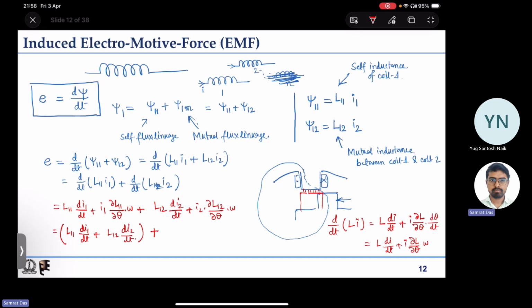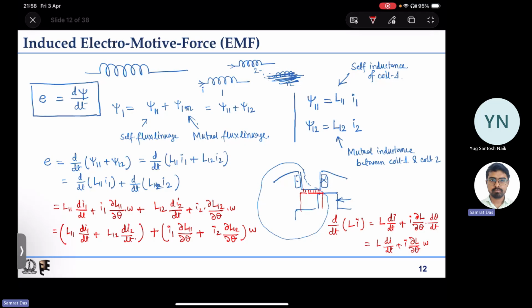The second part, I1 ∂L11/∂theta plus I2 ∂L12/∂theta, is multiplied by the speed. So we get this as the general expression for induced EMF for this case.